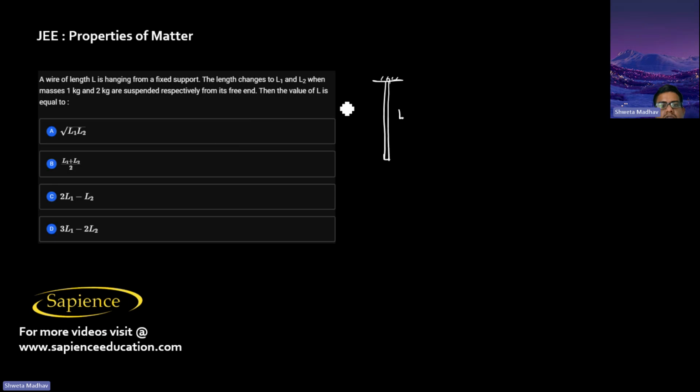The length changes to L1 and L2 when masses of 1 kg and 2 kg are suspended respectively at the free end.